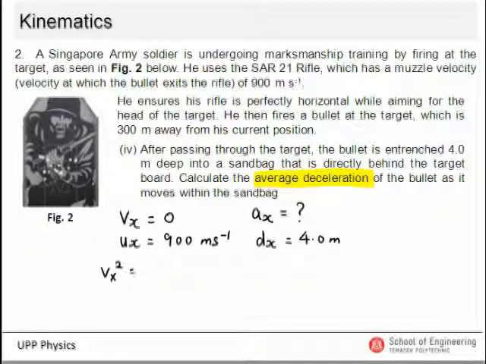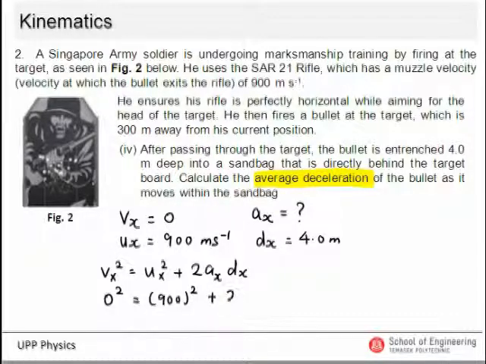Vx squared is equal to ux squared plus 2ax dx. This is the formula that we need to use. Let's substitute all the values that we know. So Vx is 0 squared, ux is 900 squared plus 2. Now ax is what we need to find. dx is given to be 4 meters.